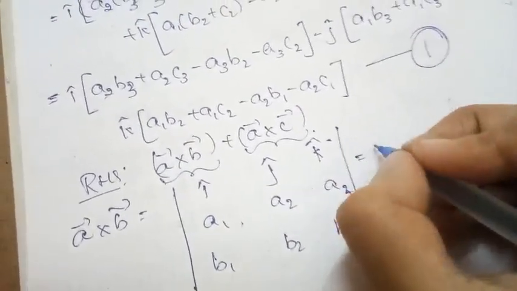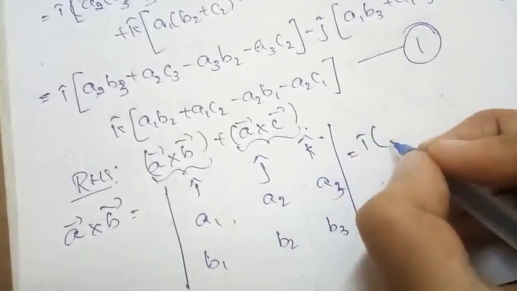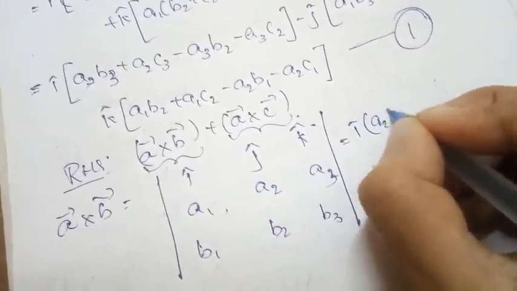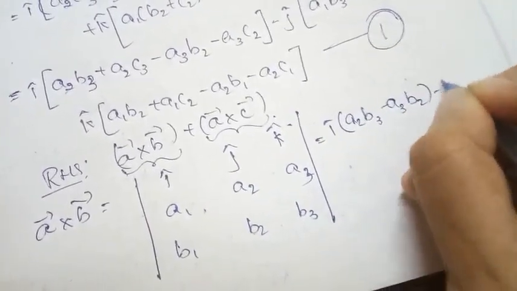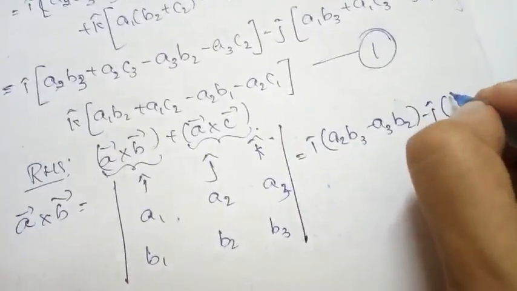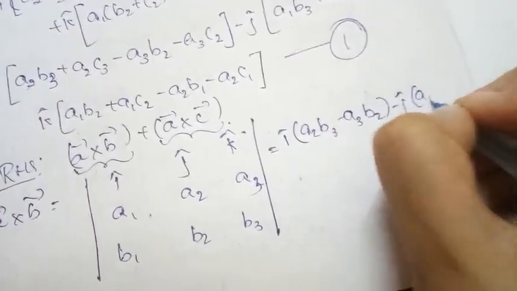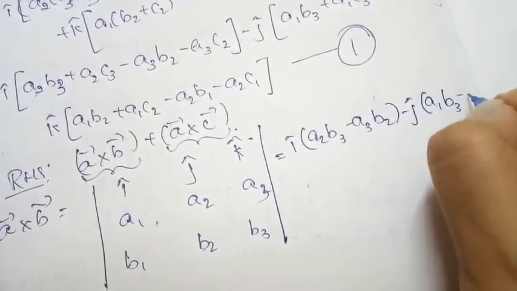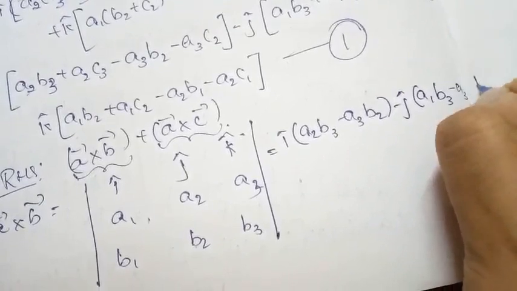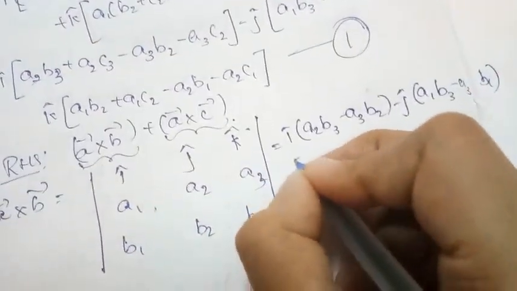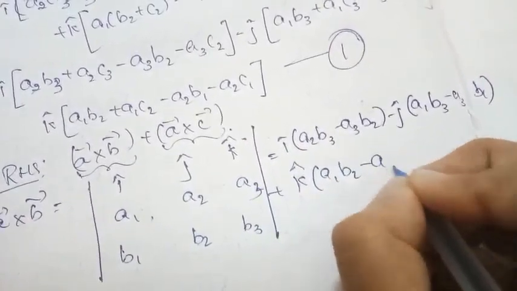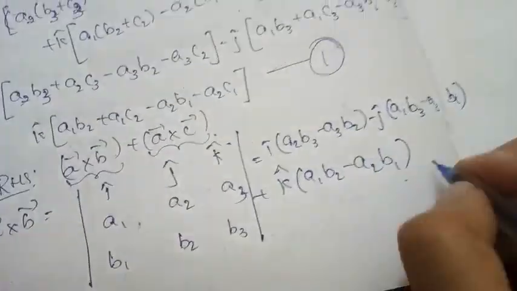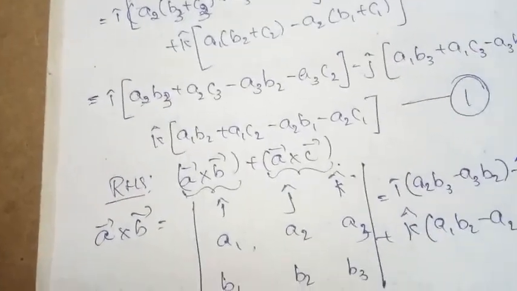Expanding along the first row, i cap (a2 b3 minus a3 b2) minus j cap (a1 b3 minus a3 b1) plus k cap (a1 b2 minus a2 b1). Let this be our equation 2. This is vector A cross vector B.